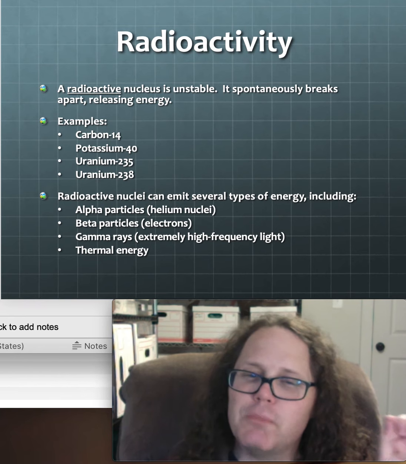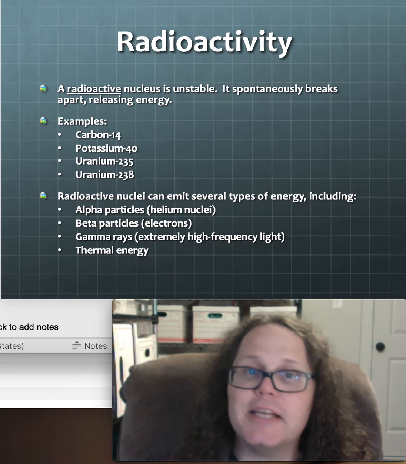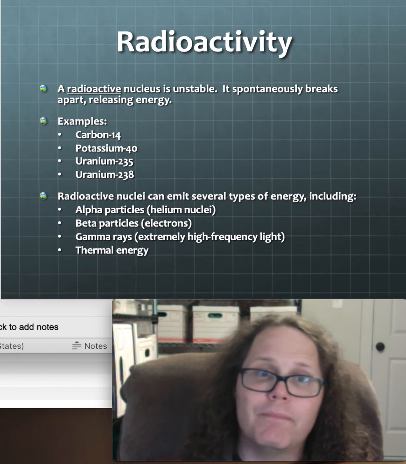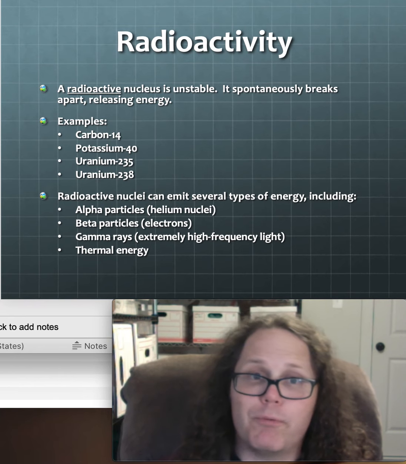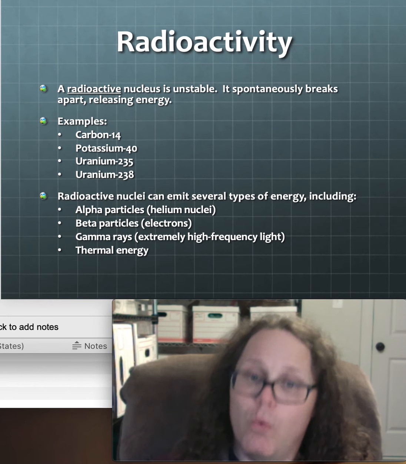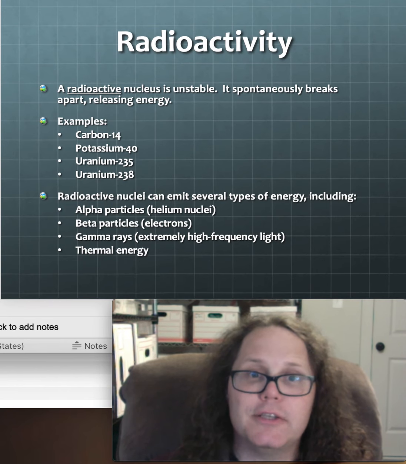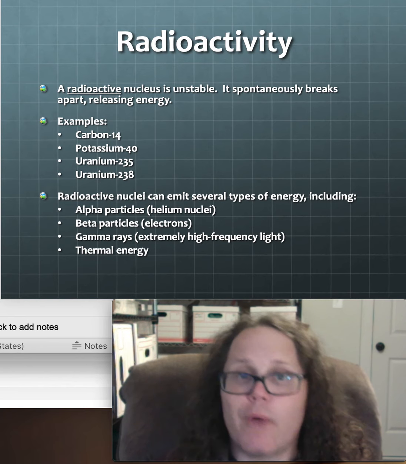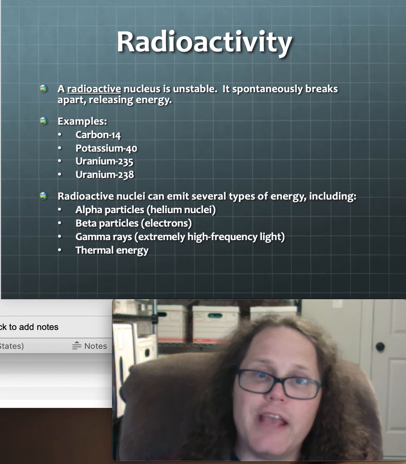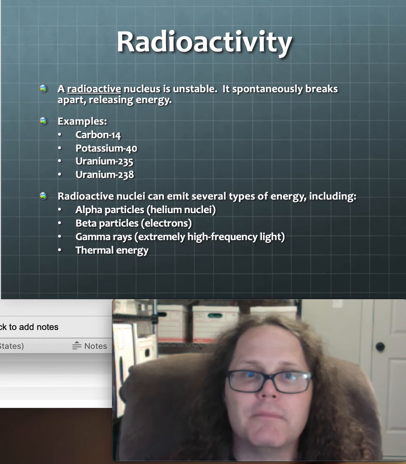However, a very small percentage of the carbon in your body is carbon-14, which is a radioactive isotope. Likewise, a small percentage of the potassium in bananas is potassium-40, which is a radioactive isotope. Both of the uranium isotopes we've discussed so far, U-235 and U-238, are radioactive.